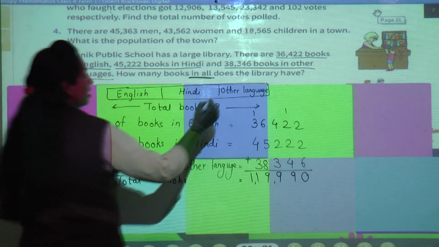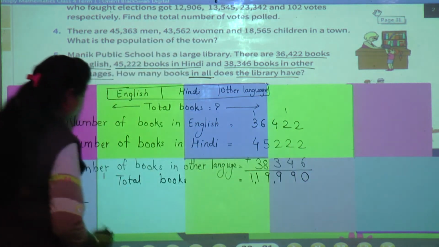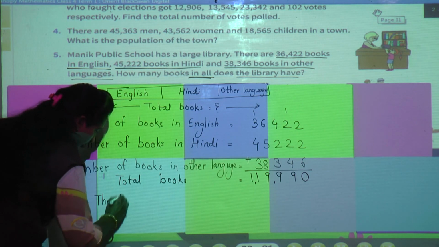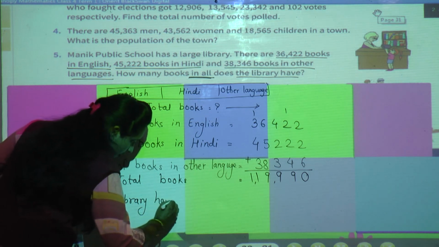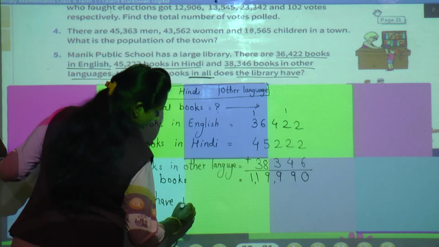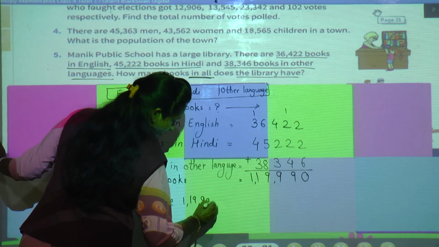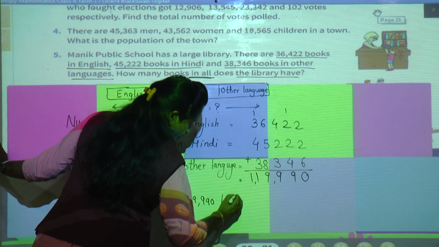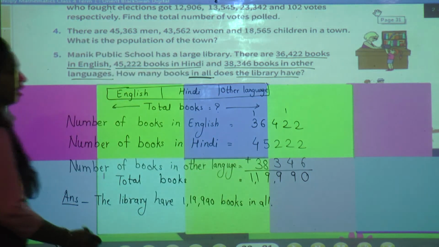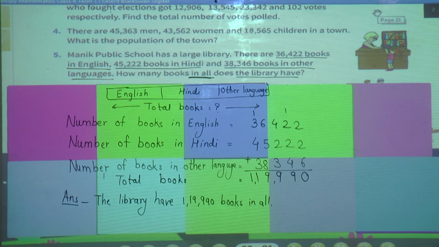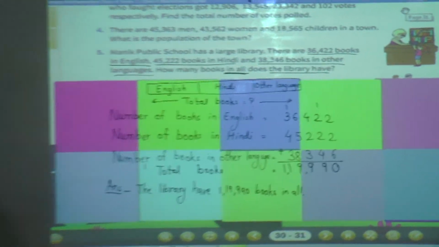So you can write: the library has 1,19,990 books in all. Understood? Clear till here? Yes.